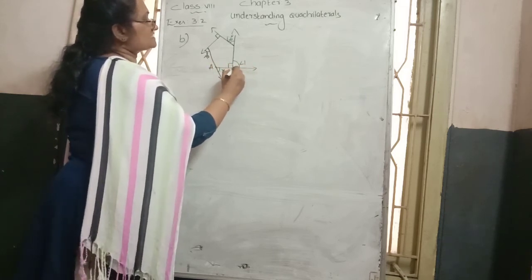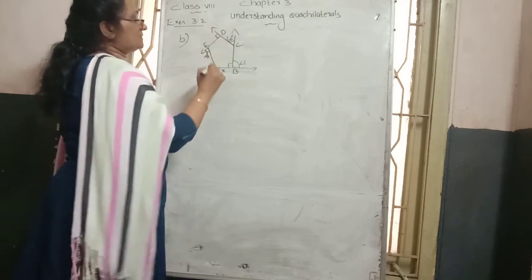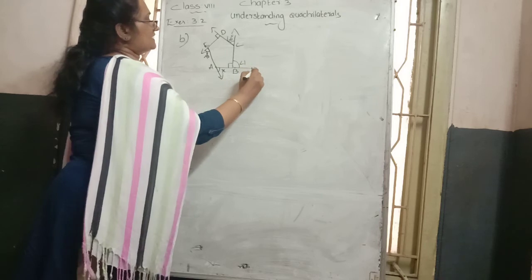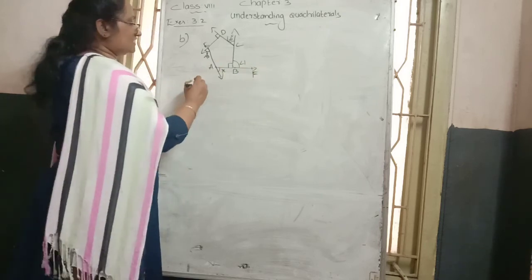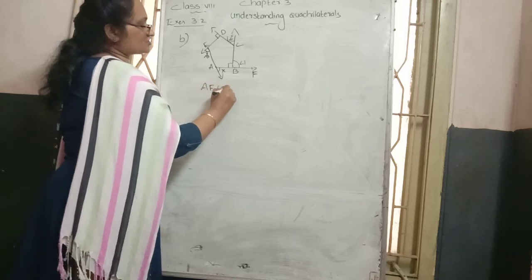Mark the points as A, B, C, D, E, and outside on this side only one, so E and F. So here we can write AF is a straight line.